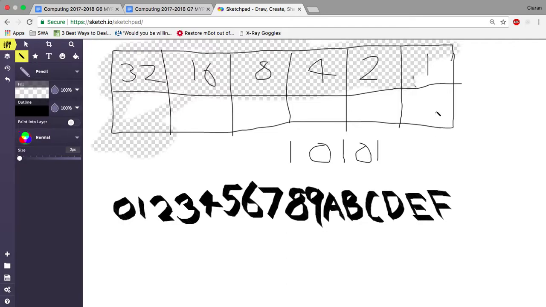So we have 1, 0, 1, 0, 1, and then we simply add up the columns. It is 16 from over here, we ignore the 0, plus 4 from here, plus 1, which equals 21. So 1, 0, 1, 0, 1 equals 21.